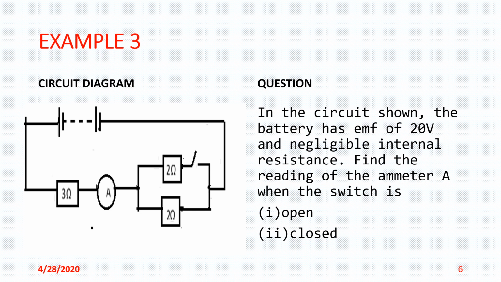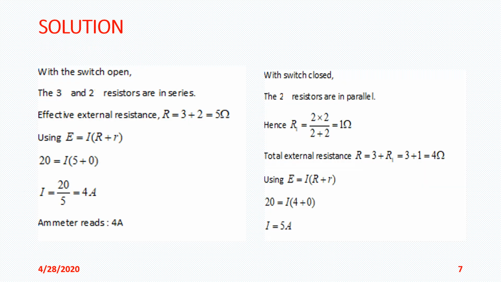And when that switch is closed, it means that the 2 ohm resistor is now also included in the circuit, and therefore those two resistors are in parallel. So going by what I have already explained, we can therefore calculate the current in the first case with the switch open as being 4 amperes. And when the switch is closed, we will have to first get the effective resistance of those 2 ohm resistors.